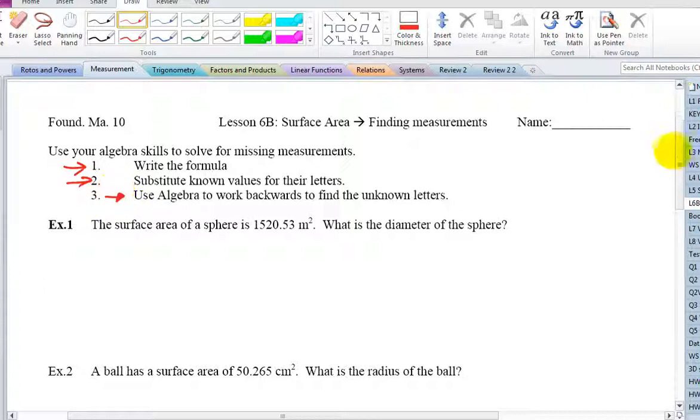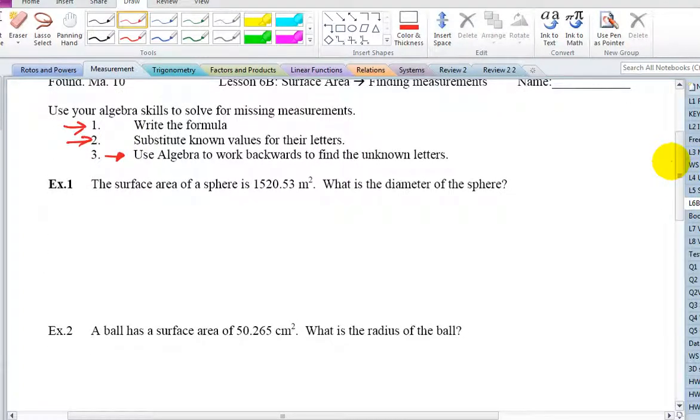So let's start. Example number 1, read it, underline the important stuff. Go. So I should see this underlined, this, and maybe sphere. So blue booklet should be out. Have a look at your blue booklet and tell me what surface area formula should you use for the sphere.